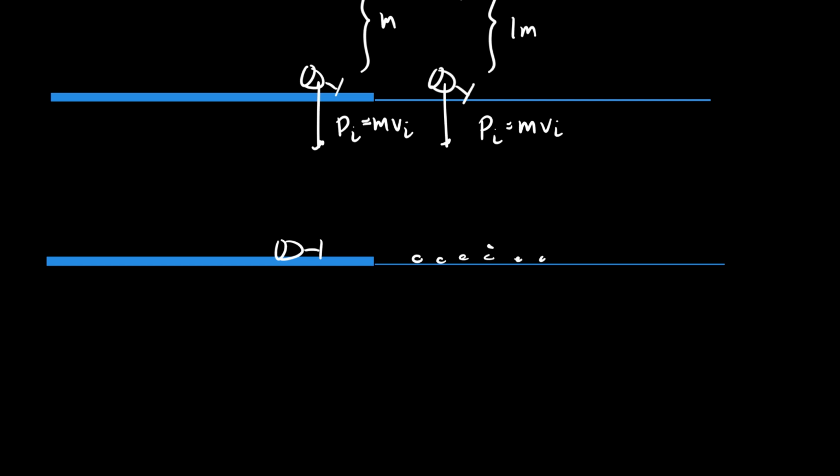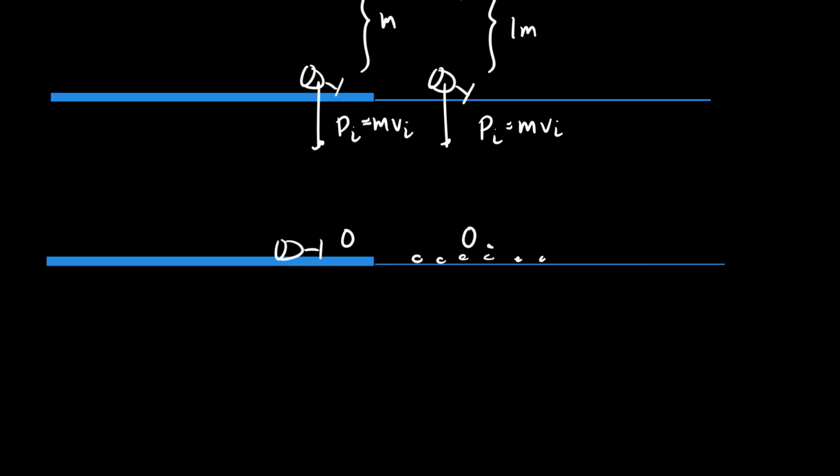Not trying to trick you. 0, sure. 0 momentum here, 0 momentum here. Which glass experienced the larger momentum change? The glass on the left or the glass on the right? I'm trying to trick you.